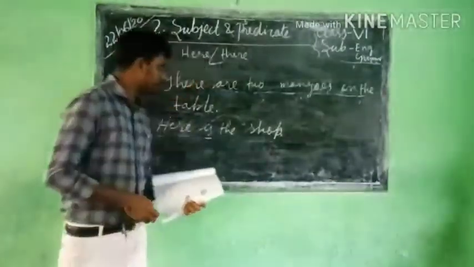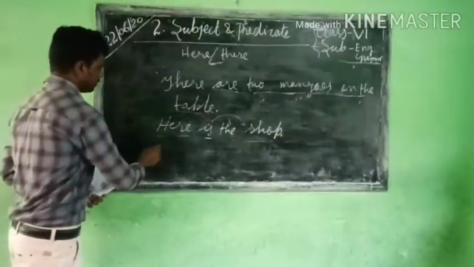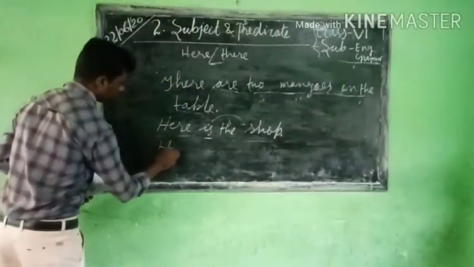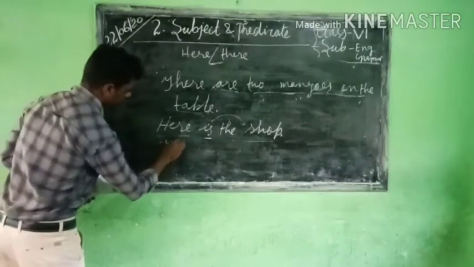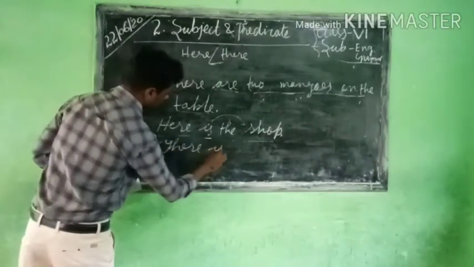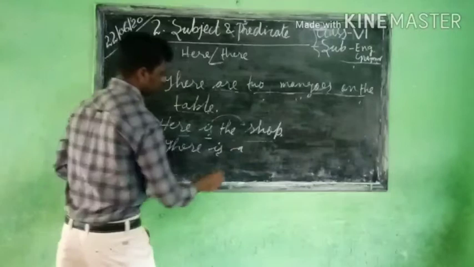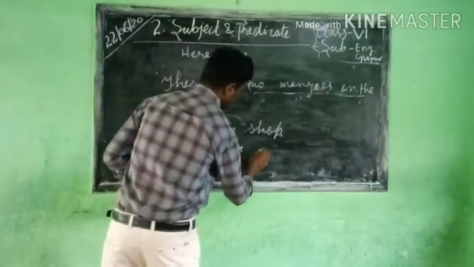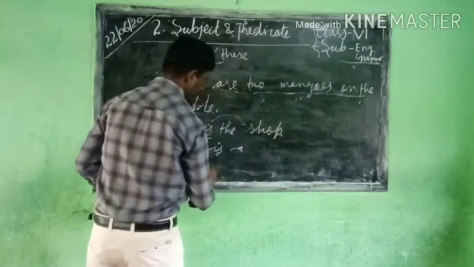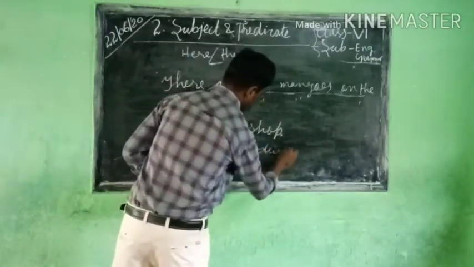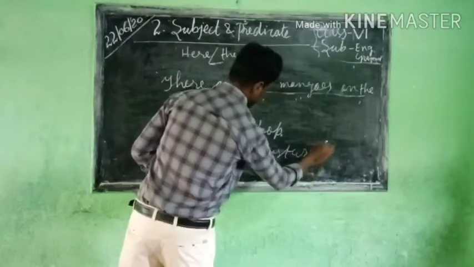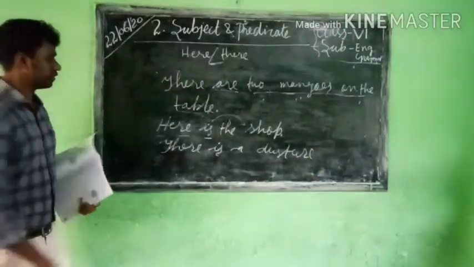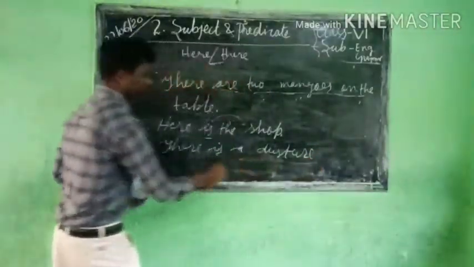For example, here we see another one: there is a duster. This one is what?